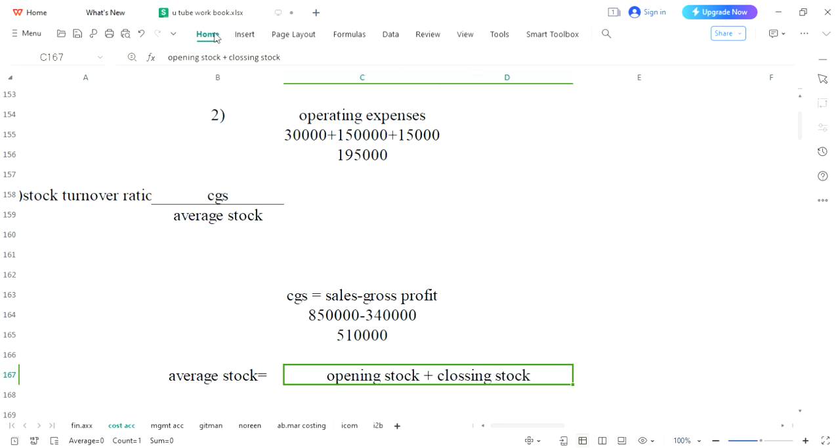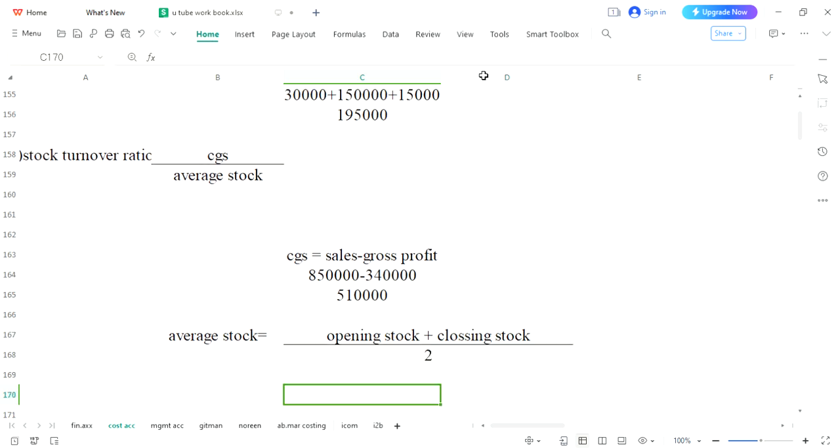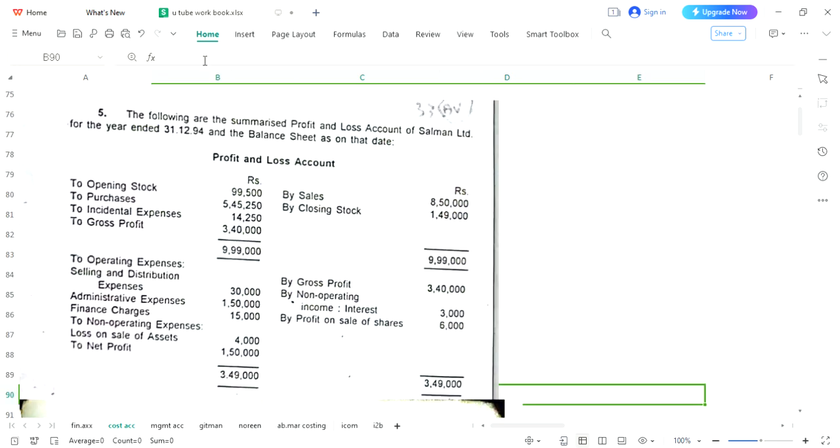Here let's put the divisor, and it would be divided by 2 as I have earlier mentioned. Now let's get back to the question. Here we have the value of opening stock 995 and 149.